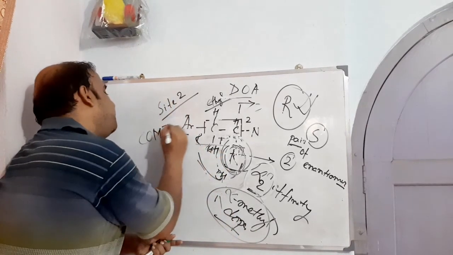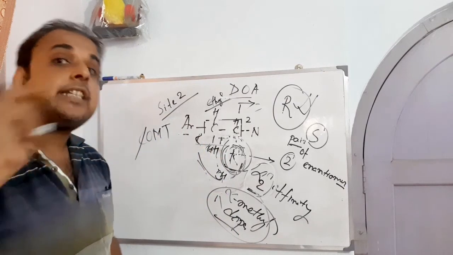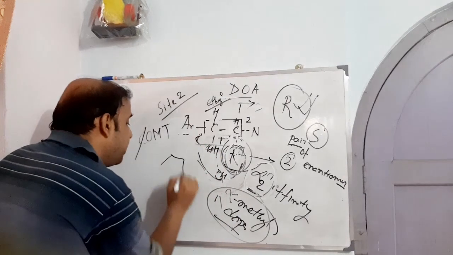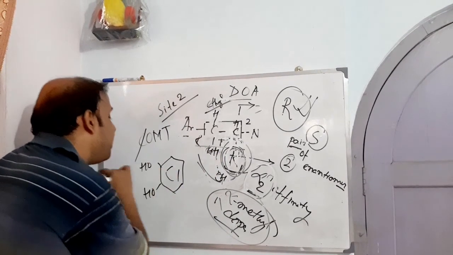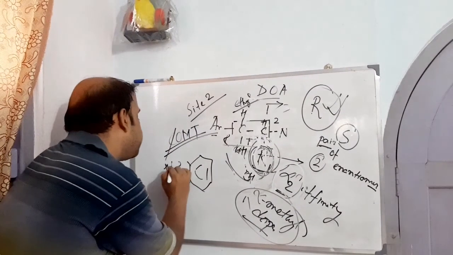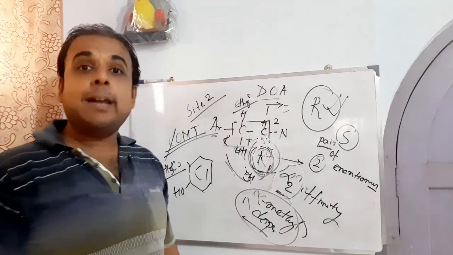So what is COMT? COMT is catechol orthomethyl transferase. Assume that this is the catechol. Under the influence of COMT, this will become methoxy. The moment it becomes methoxy, it is no longer accepted by the receptor, right?